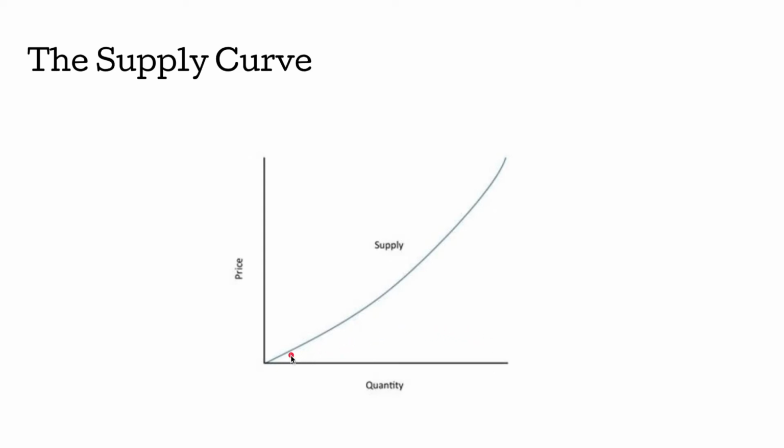If there is a low quantity of strawberries supplied, which means that not many strawberries are being produced and sold, then that would be this side of the graph here.